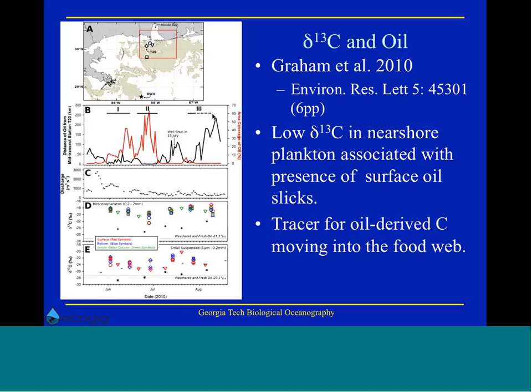Where it's far away, as off to the right, the oil slicks were very far away. The red line there shows the area covered by oil slicks at different times during this period in 2010.